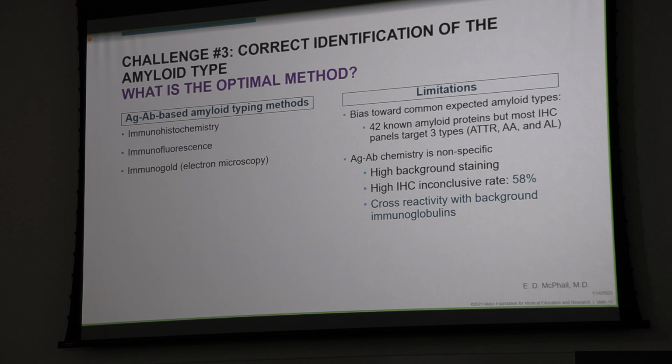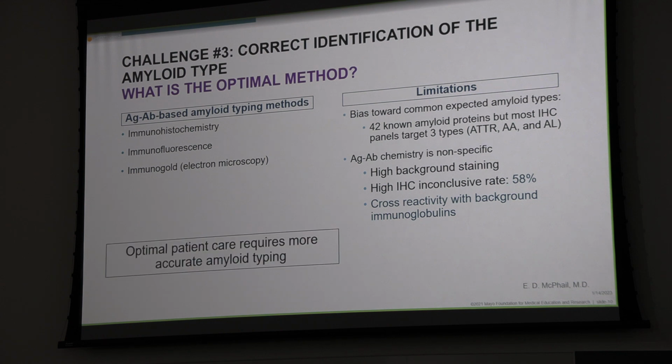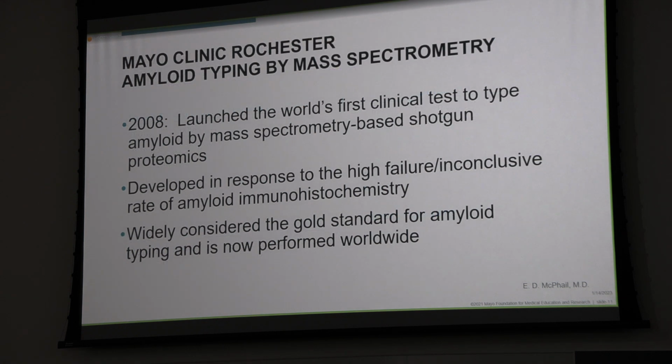Again, this isn't a problem for most areas of pathology, but it is for amyloid. So we end up with a very high inconclusive rate and a lot of cross-reactivity. So we think that optimal patient care requires a better method. And it was actually this very problem that prompted our institution to develop the mass spec test for amyloid.